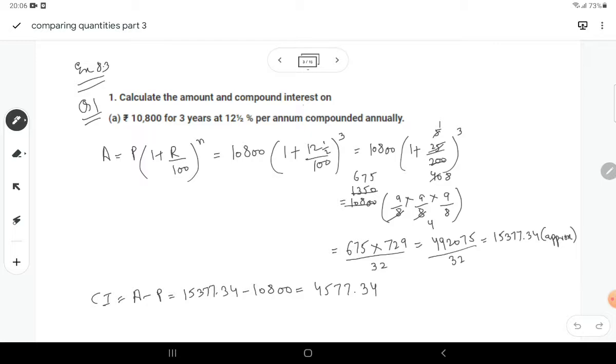So first question says, calculate the amount and compound interest on rupees 10,800 for 3 years at 12.5% per annum compounded annually. So the formula for amount is principal into (1 + r/100) raised to power n.